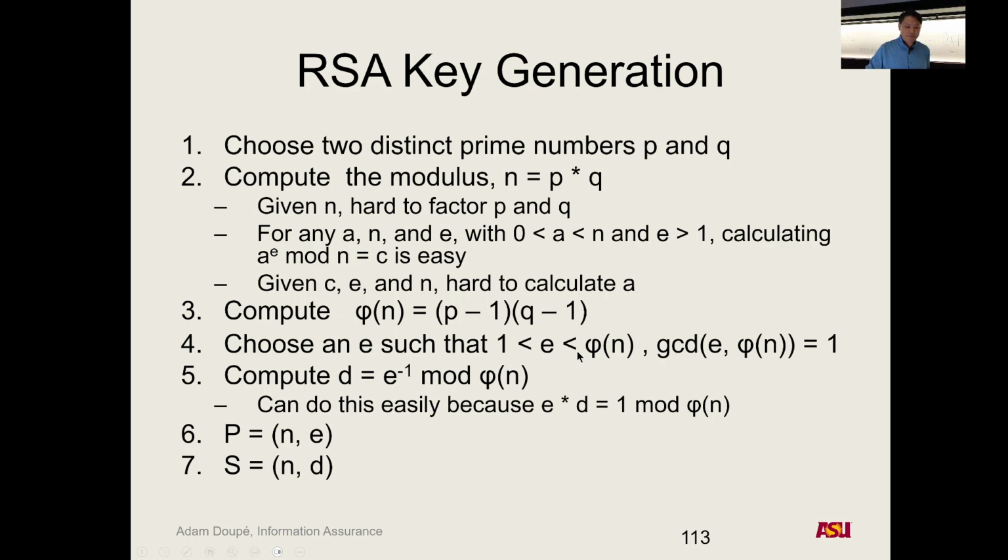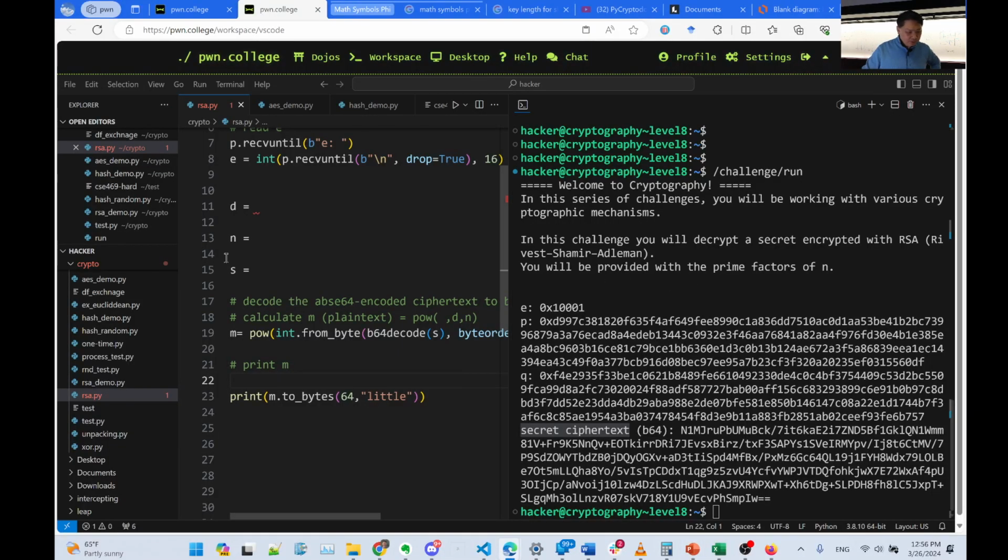You can get the algorithm or code for that. So you have to implement this part to get D in level 8. Okay, that's my hint. Okay, RSA.